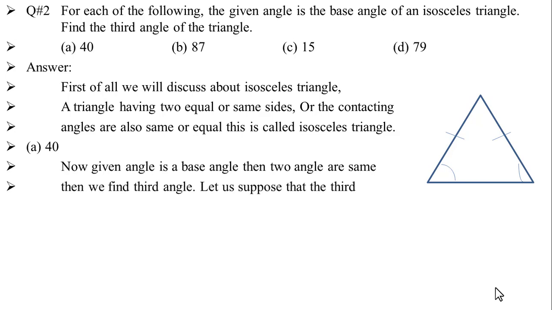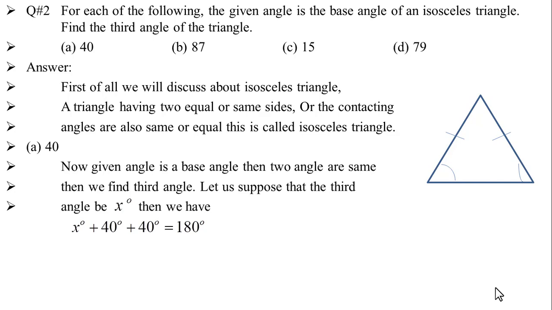Let us suppose that the third angle is x degree. Then we have x plus 40 is equal to 180 because the sum of the angles of a triangle is 180 degree.